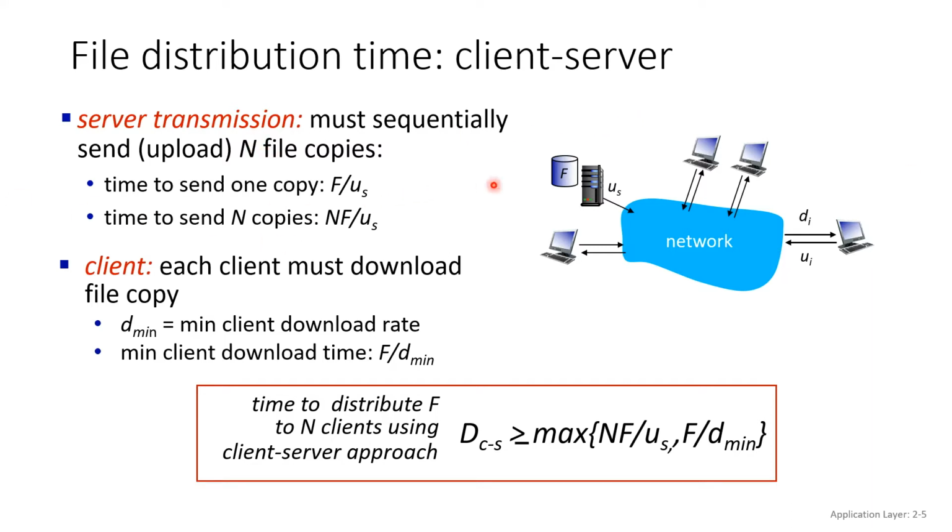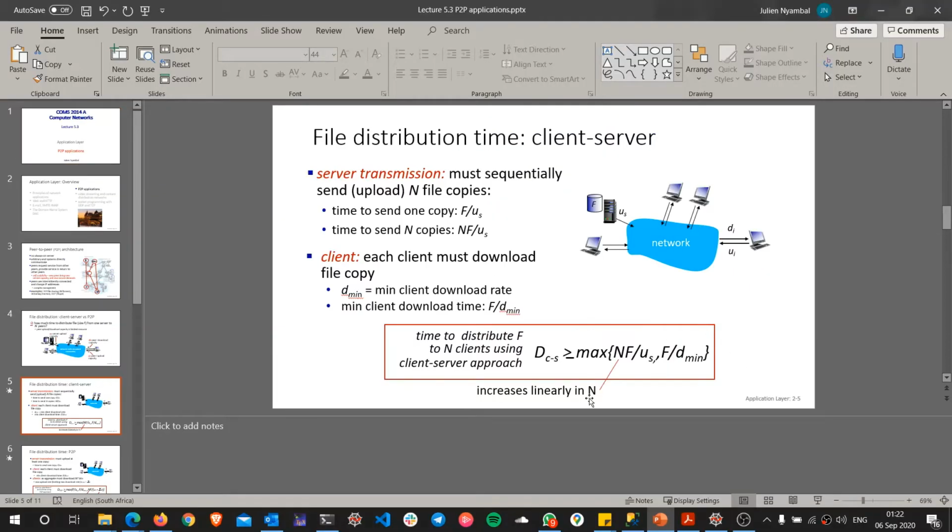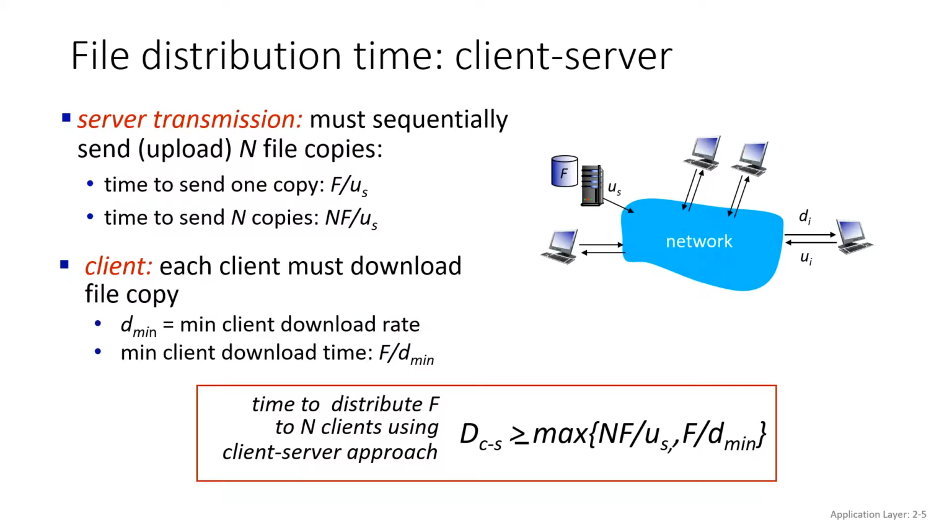Okay, so in this instance of a client server application, we want to calculate the distribution time. This is the time that a file F takes to leave its location and reach all the different clients.